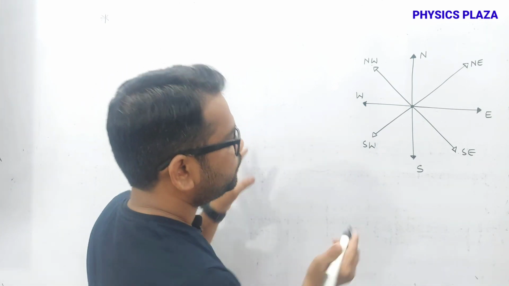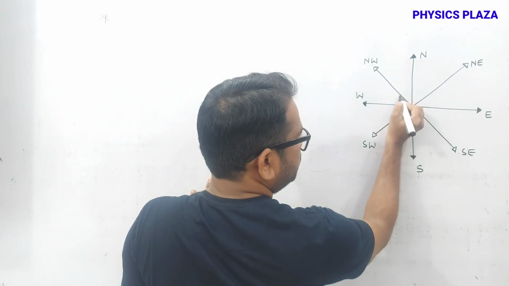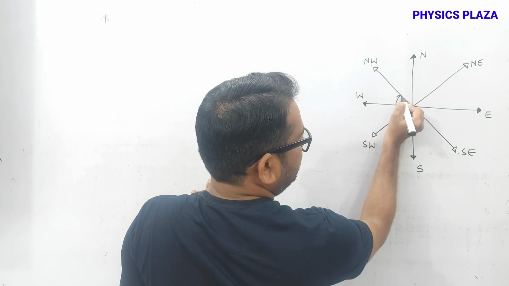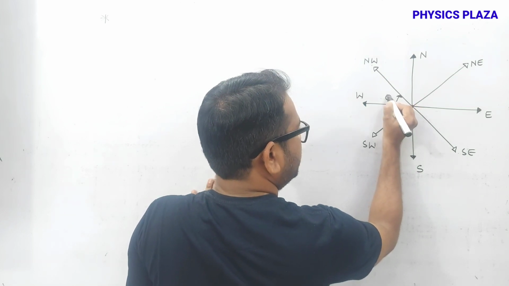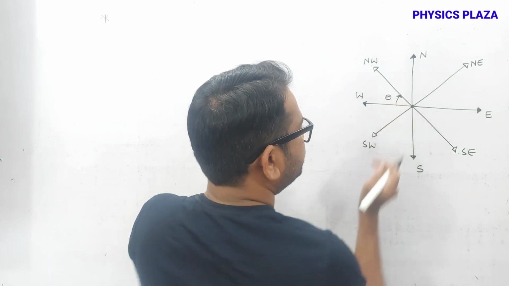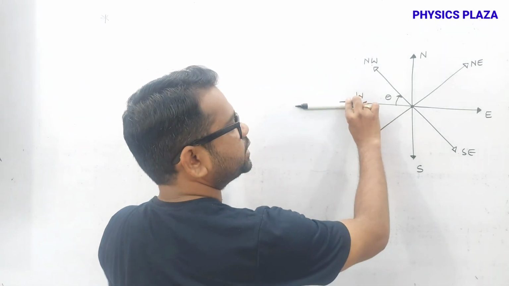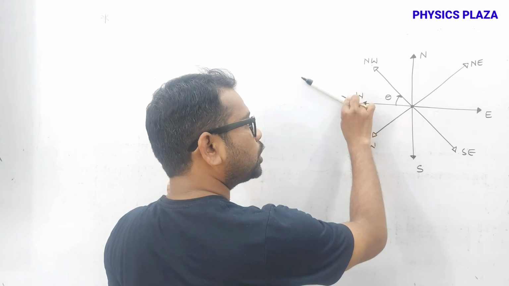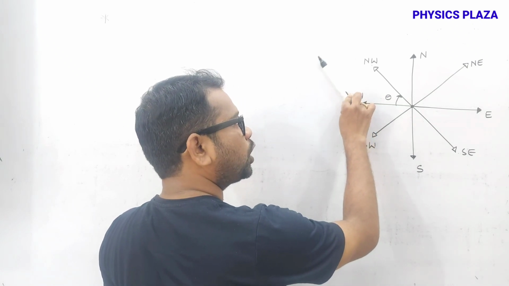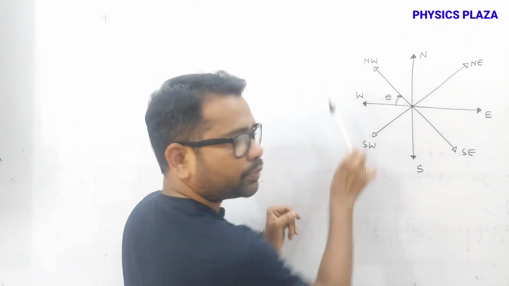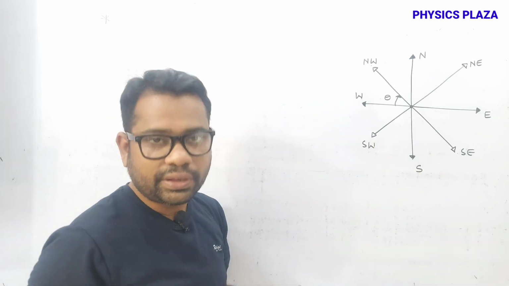Now, children, let us say this is the angle theta. Suppose one vector is there along the west direction. It is moved towards north so that it is making angle theta. But how to read that? It's very important.